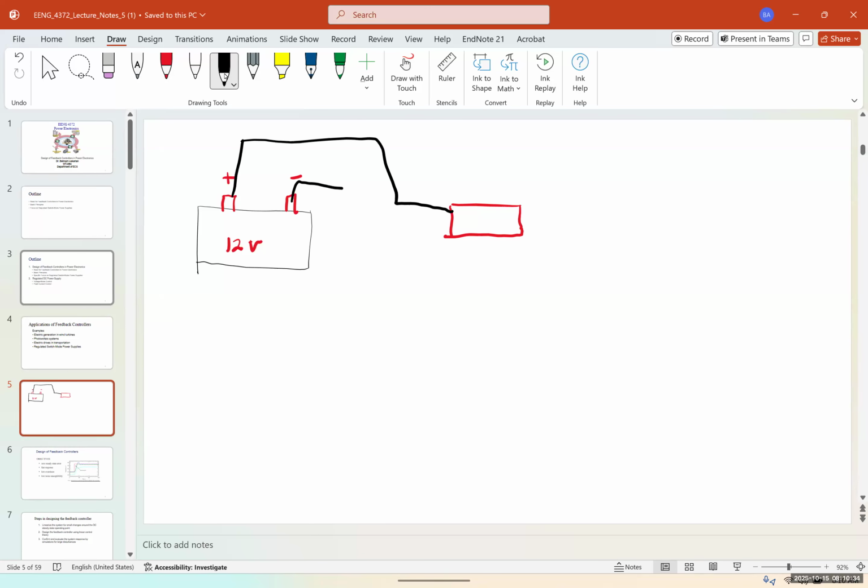DC to DC converter. And I have a boost converter or a buck boost, whatever. And I'm charging my laptop, let's say I have a computer or laptop.